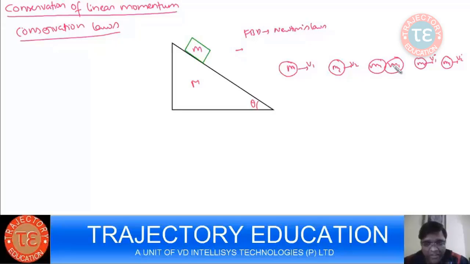when they are colliding, they exert force on each other. That force acts for a negligibly small time, and I cannot write the exact mathematical expression of the force which these two bodies exert on each other. So unless I do that, I can't write Newton's second law.